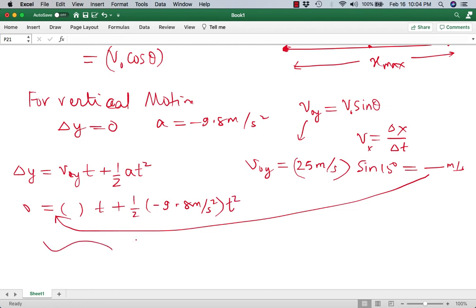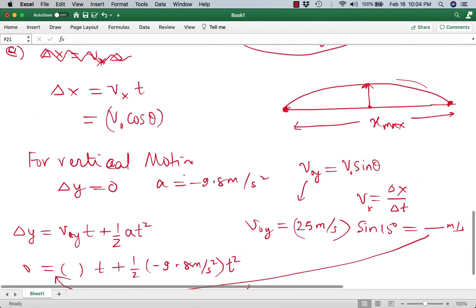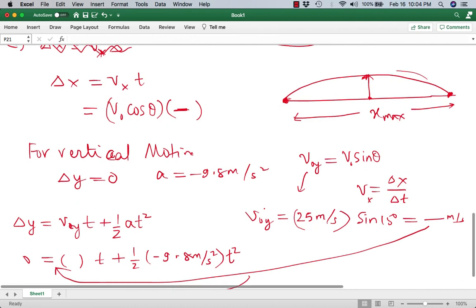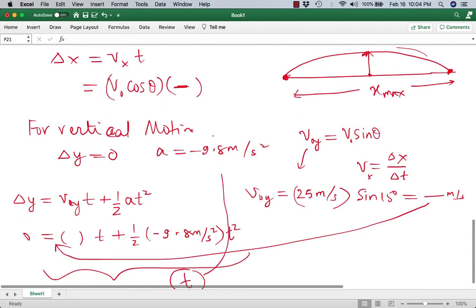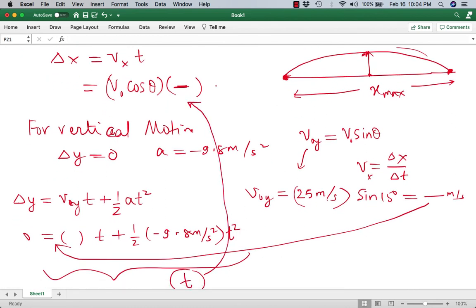So you solve this equation and get t. And then once you have t, you go back to this formula and plug t here. That will give you delta x, and this delta x is what the question is asking, x max, the maximum range.